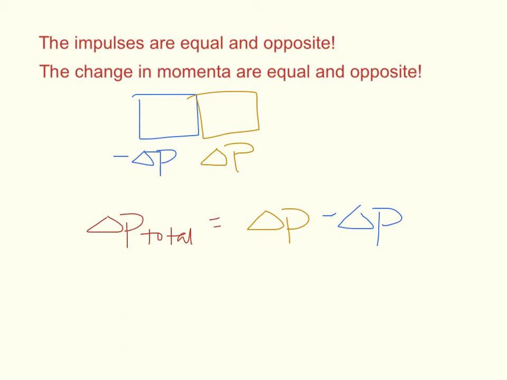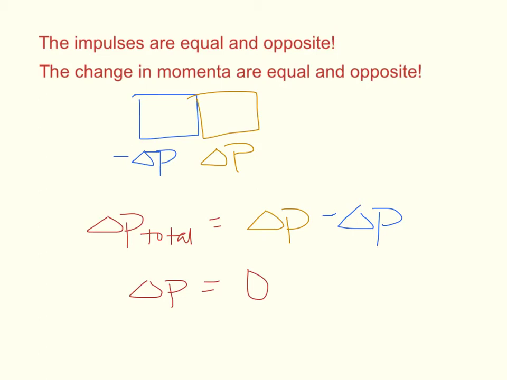And if these two values are the same, which they will be, then the change in momentum is 0 for the system. So it's a little weird, right? The blue one has a change, the orange one has a change, and both of those changes are not 0. But when we add the vectors, one of them is backwards, they're opposite directions. So when you add them together, the total momentum change is 0.